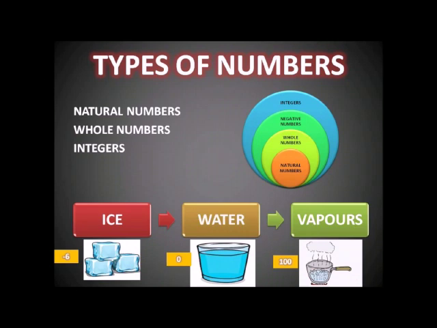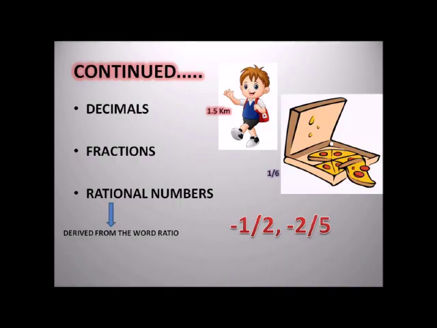Okay. Now, apart from these three numbers, we have certain other types of numbers also. For example, we have decimals. What is a decimal? A number that separates the integer part from the fractional part is called decimal number. Now let's take it as when you go to school in the morning and you come back home, you say that my school is 1.5 kilometer away from home.